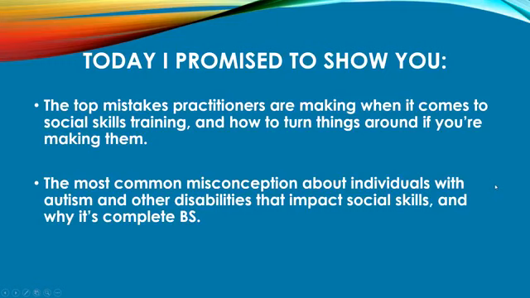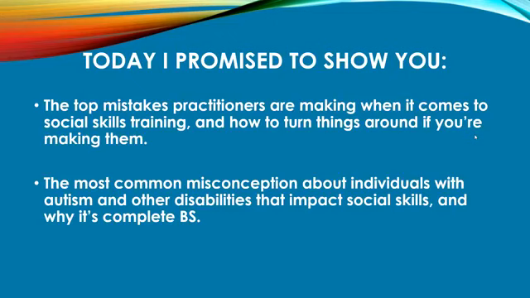So again, just to sum up what I've talked about today, I've talked about the mistakes that we're making. So really just forgetting that things need to be explicit. For these particular students, we need to be direct in what we teach them, and we need to focus on what skills they actually are struggling with, and also be aware of the difference between appropriate versus effective and functional, and make it tailored to those students' needs.